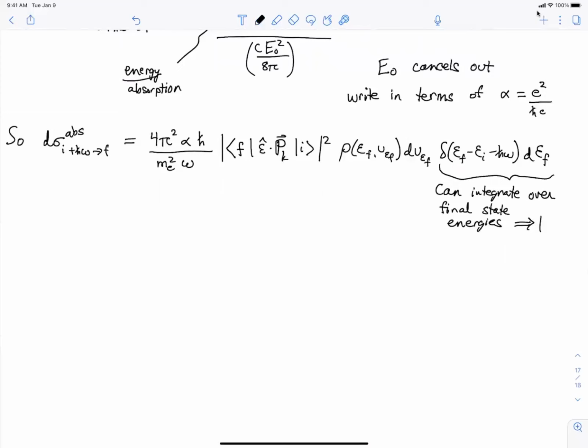And remember that now this must be true. So everywhere you see an E final, you can plug in E initial plus h bar omega.